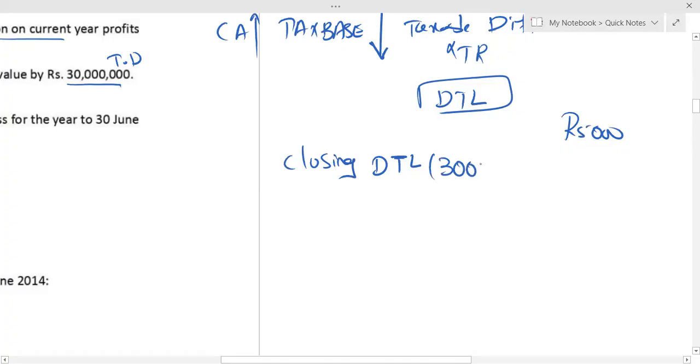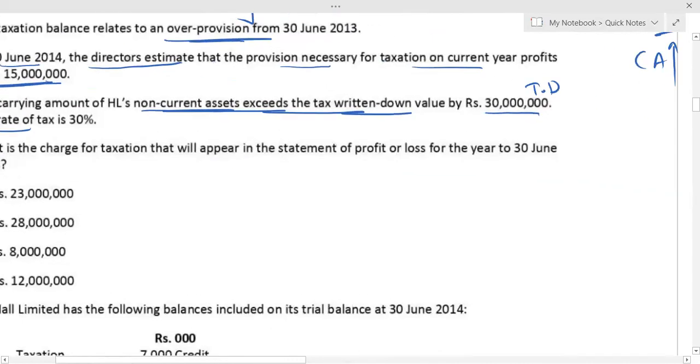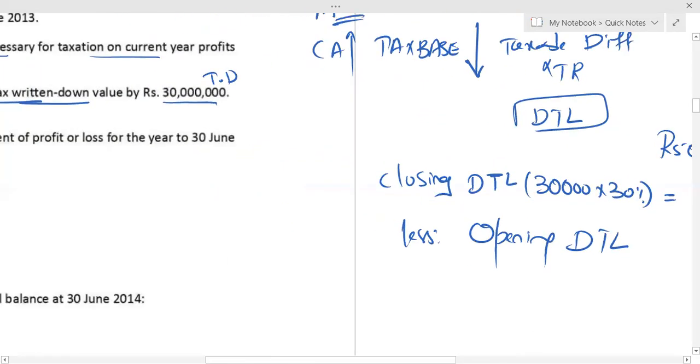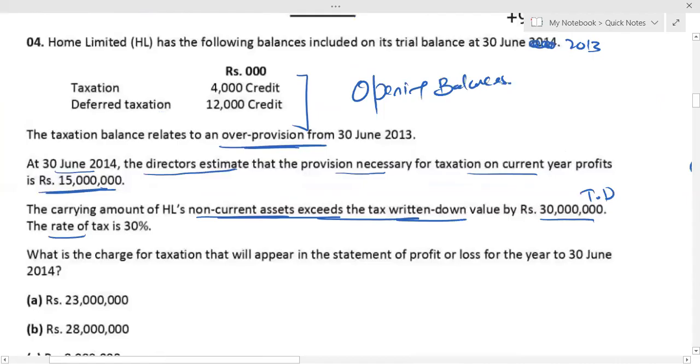So 30,000 multiplied by 30%. Let me check the tax rate. Yes. Closing deferred tax liability is 9,000, less the opening liability. Opening deferred tax liability is 12,000.